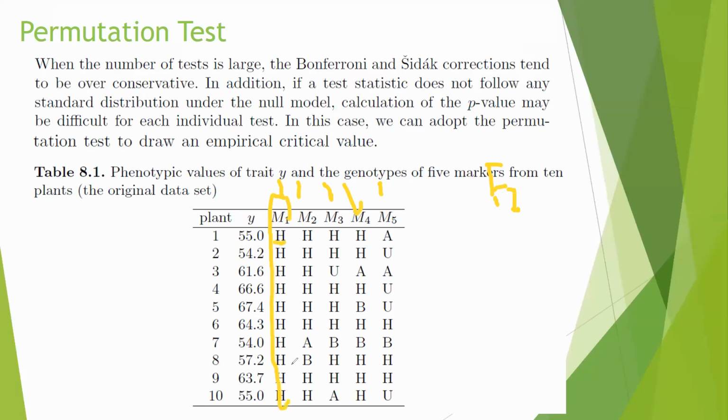For marker 1, all 10 individuals have the heterozygous genotype. For marker 2, you're going to see some are heterozygous, some are the first homozygous genotype, and the others are the second homozygous genotype. U means unknown, so missing genotype data here.